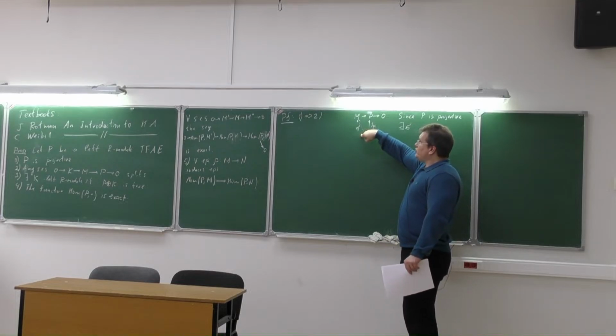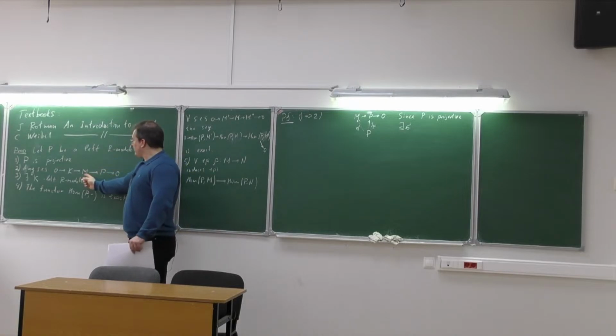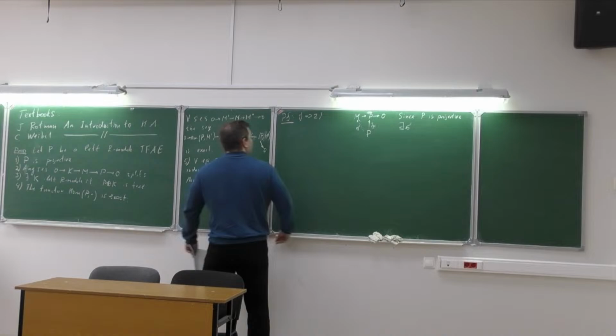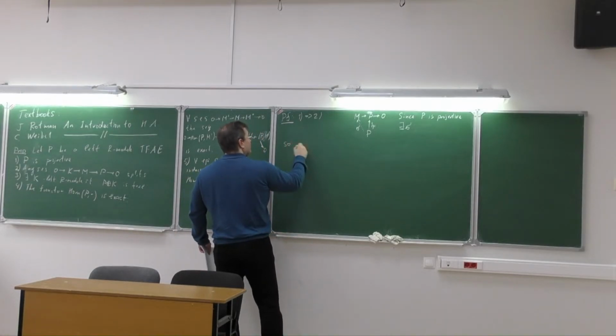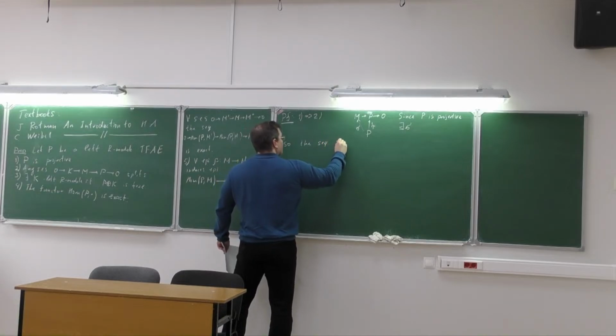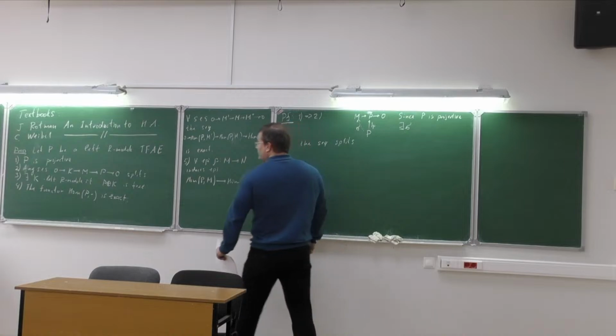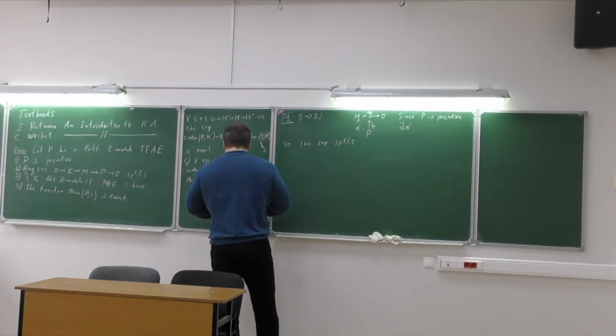But now we just use the exercise that we solved at the previous seminar: if for a short exact sequence you have a section for this epimorphism, then the sequence splits. Okay, now let's prove that 2 implies 3.